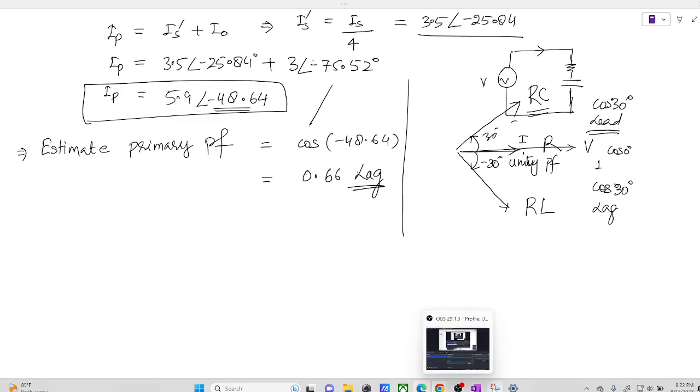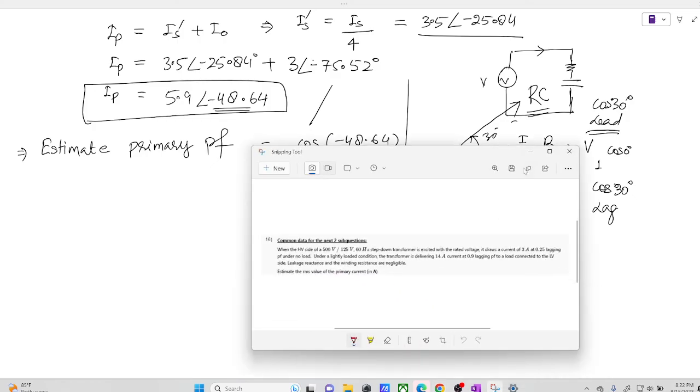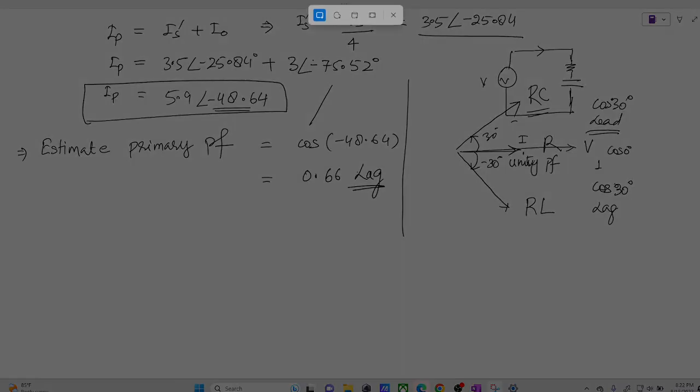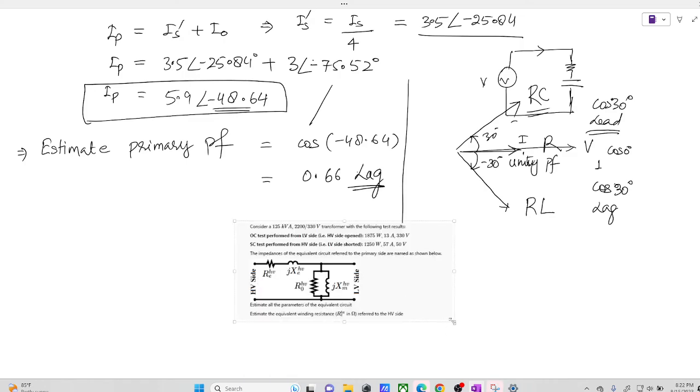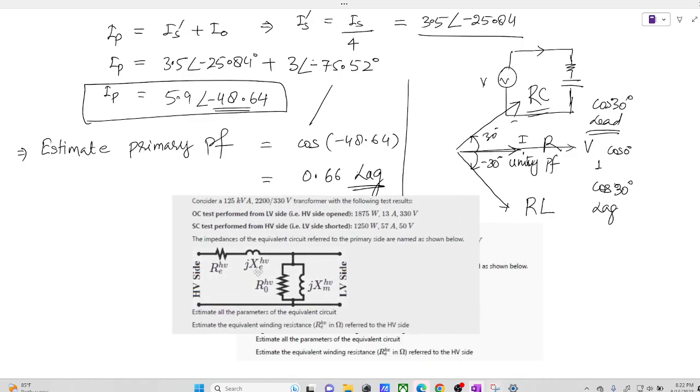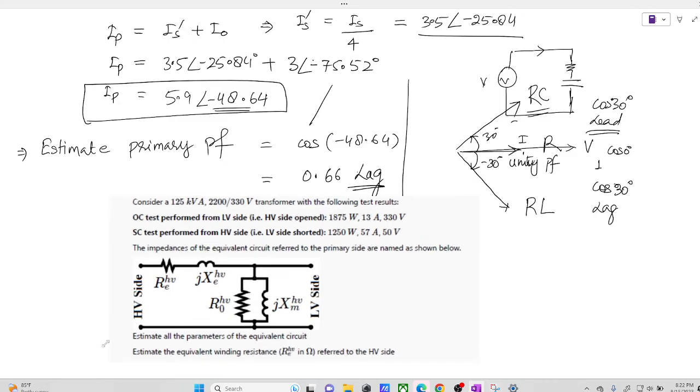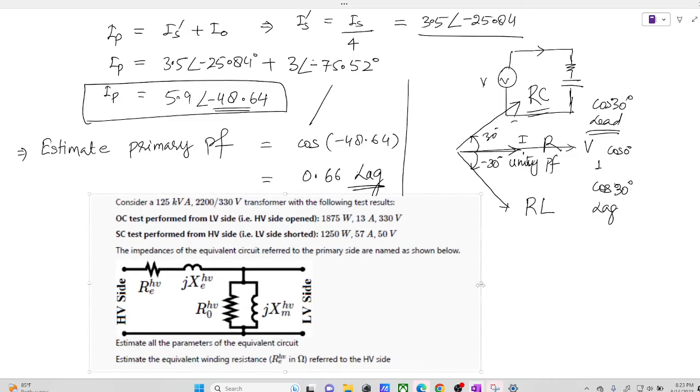Now I am going to solve another question. In the very first class, I have already discussed this type of question related to the no load test and the short circuit test.